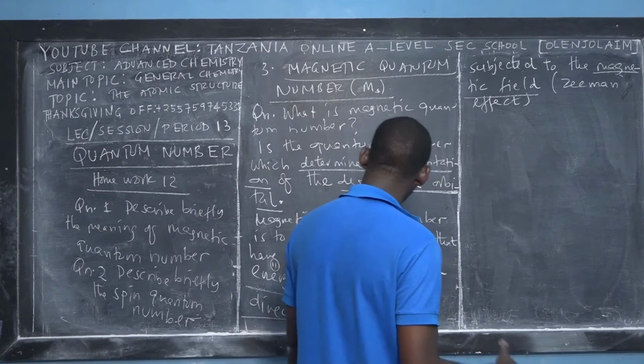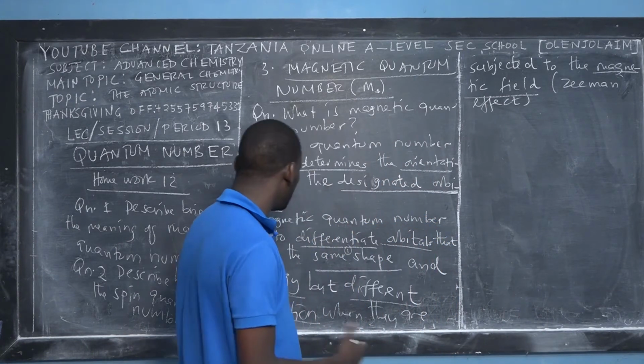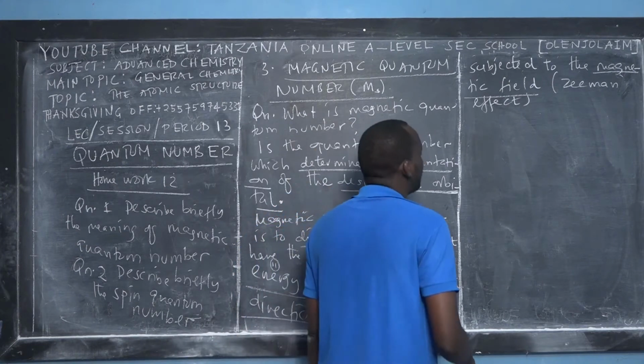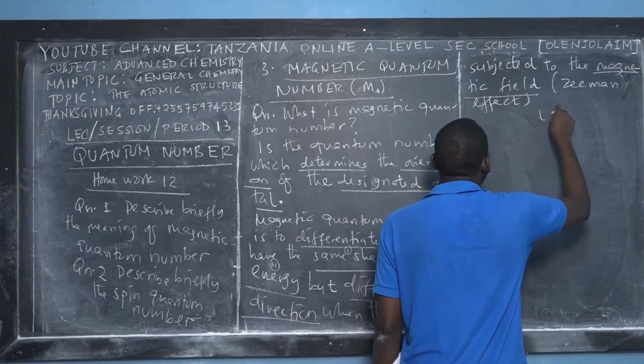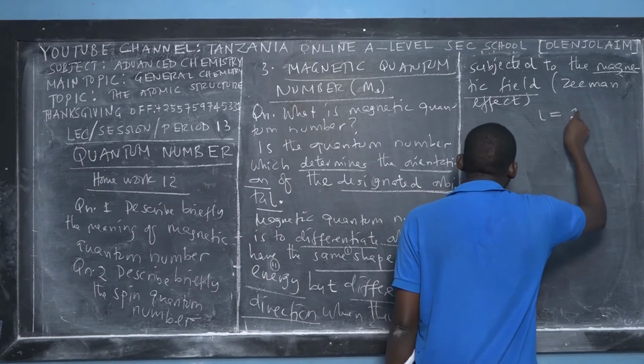So different directions, okay, I will tell you. What does different directions mean? For example, you might have the subsidiary quantum number equal to 1.